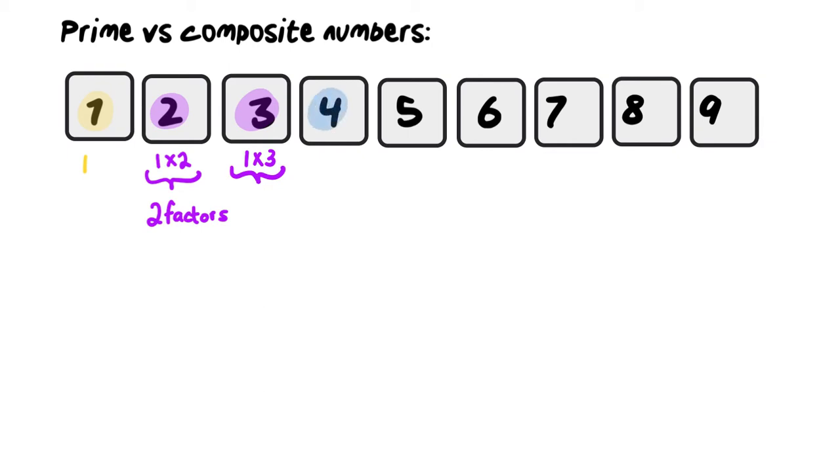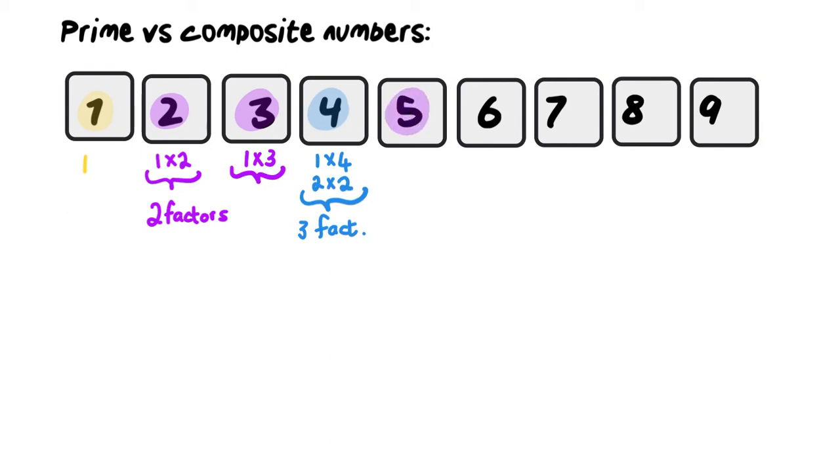But what about 4? 4 can be written as 1 times 4 and 2 times 2, meaning that 4 has 3 different factors.